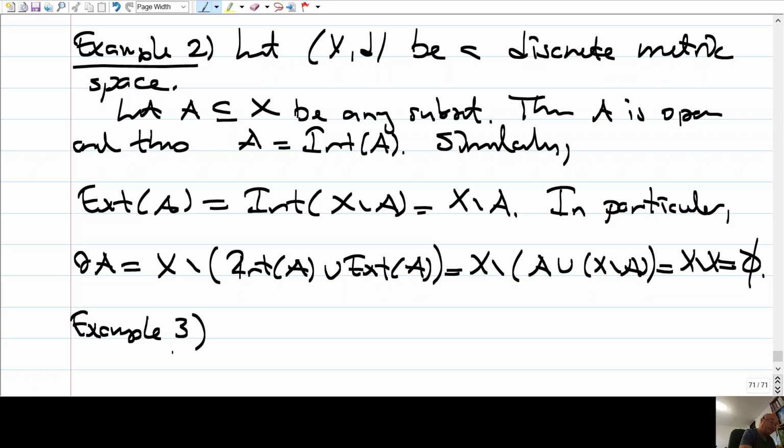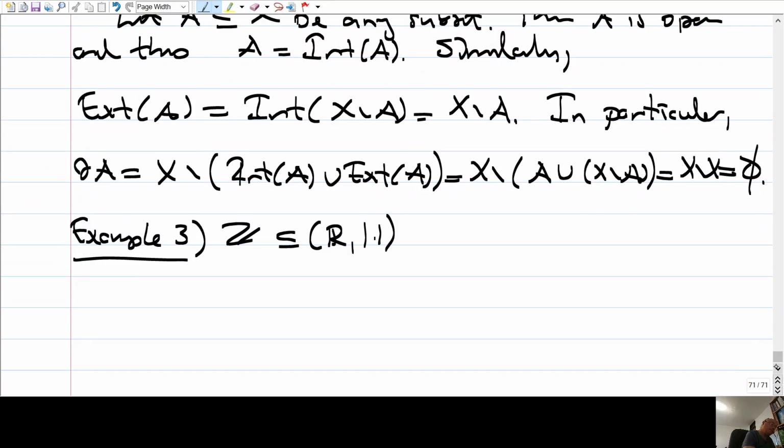Example 3. Let's consider the set of integers in the metric space R with the absolute value. Okay.